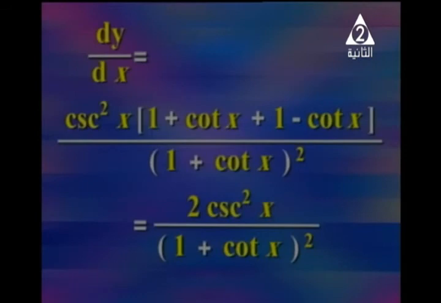Remember, cotan x minus cotan x cancels, then by simplifying 1 plus 1 equals 2 multiplied by cosec power 2 x. The answer is 2 cosec power 2 x over bracket contains 1 plus cotan x all power 2.